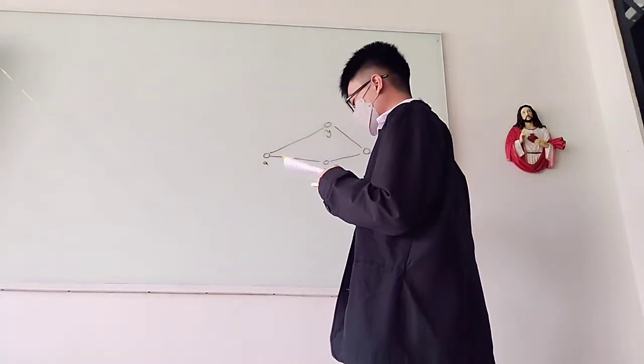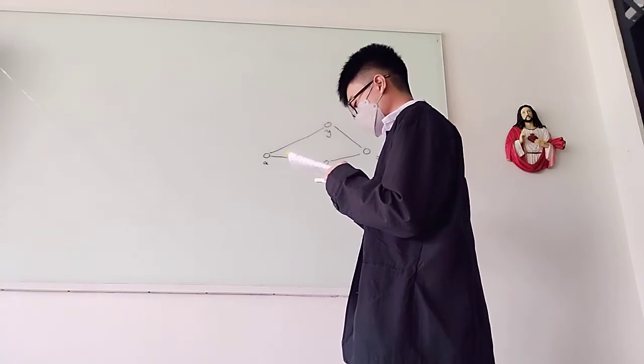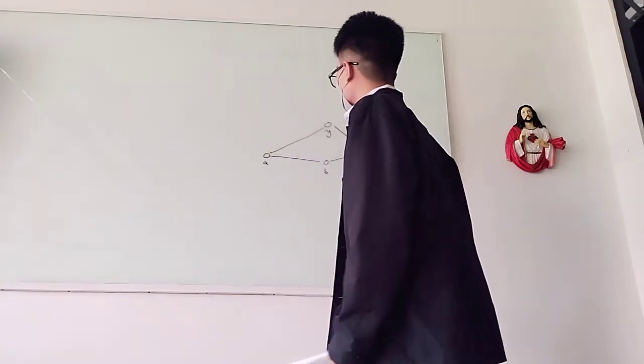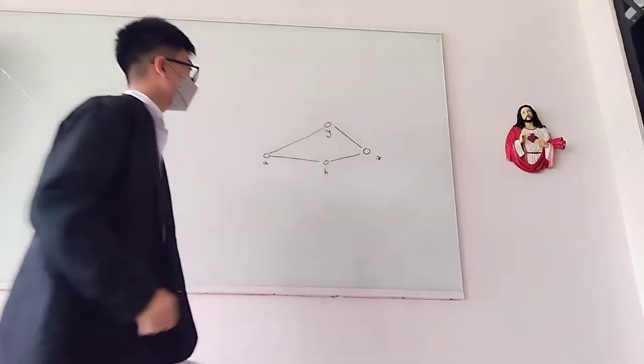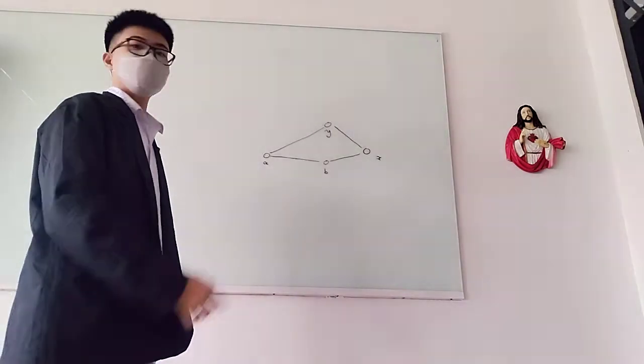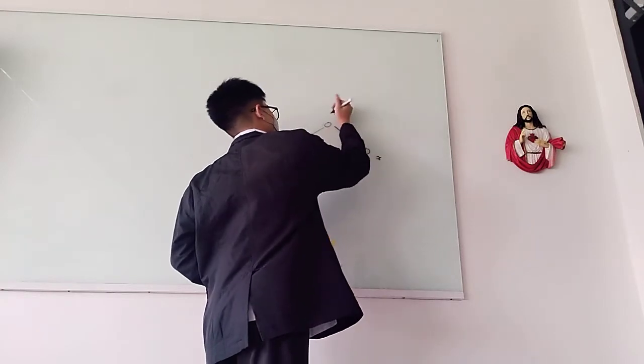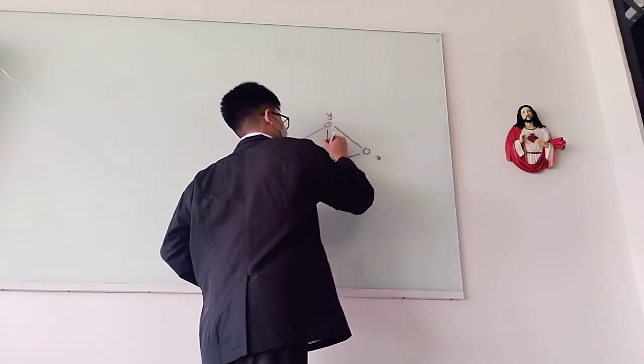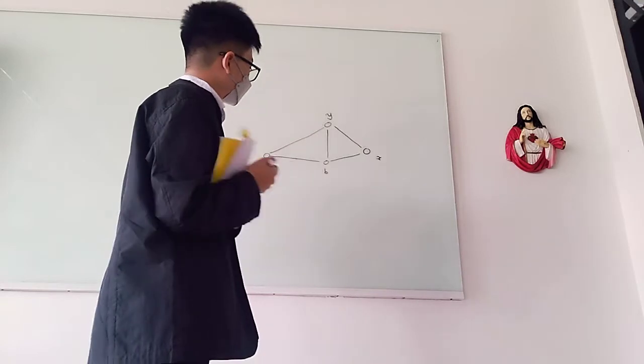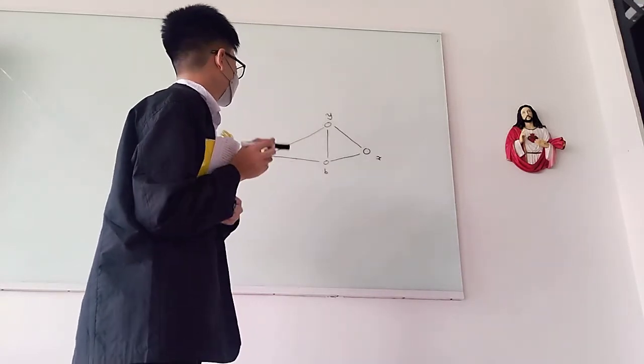And last terminology. Okay, so this graph is connected if there is a connection between all of these vertices. So if I just move this Y up here and connect Y and B, this is now a connected graph.